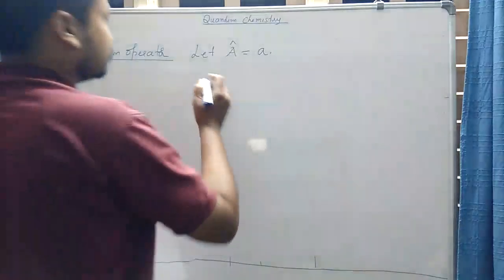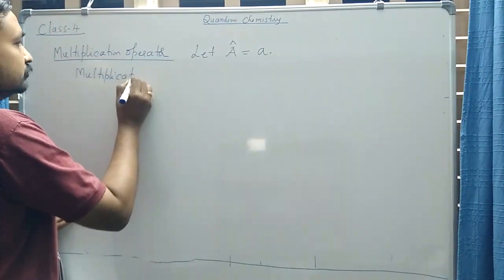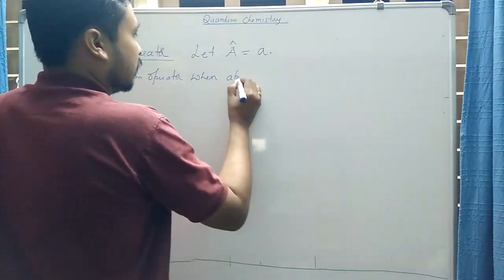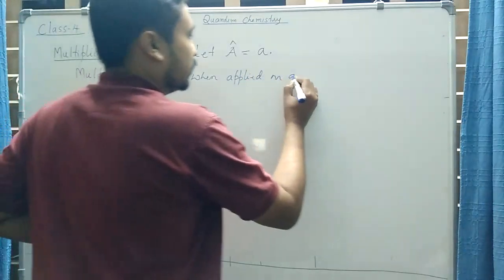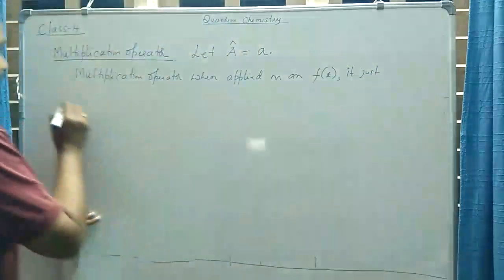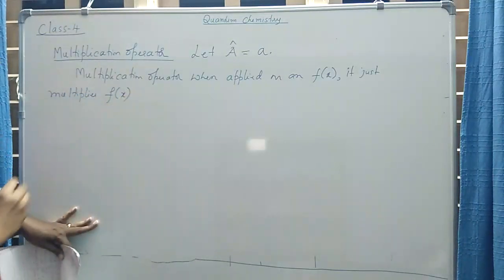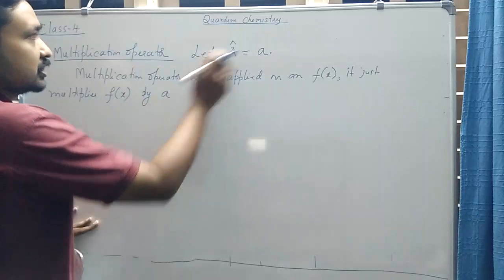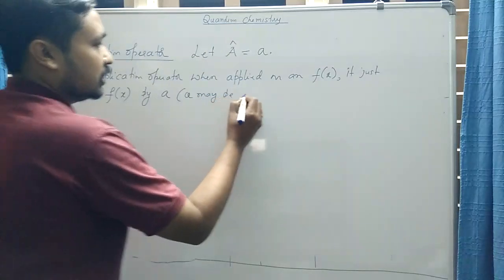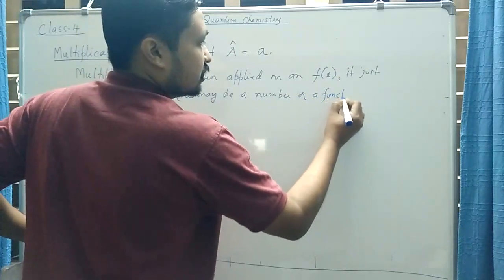So a multiplication operator, when applied on an operand, that is f of x, just multiplies the operand f of x by this factor A. A may be a number or a function itself.